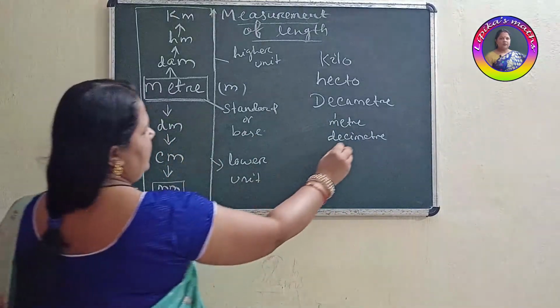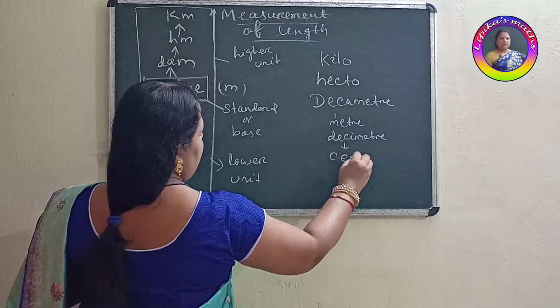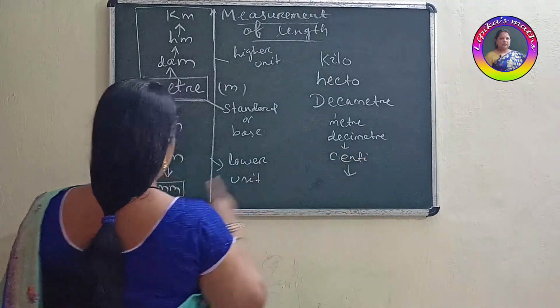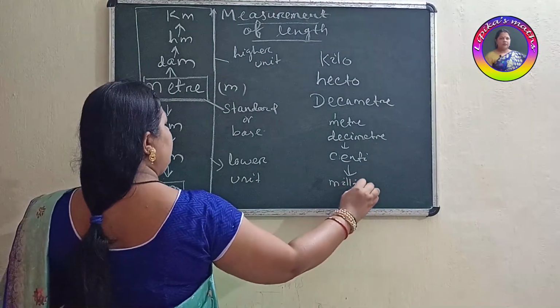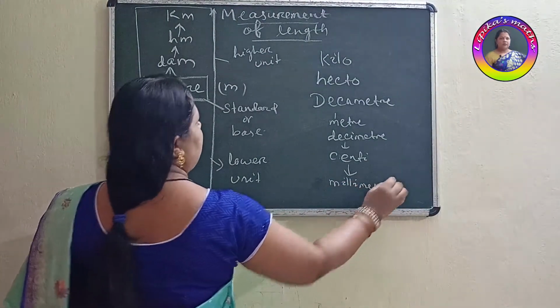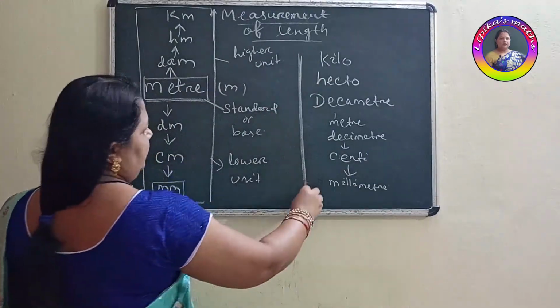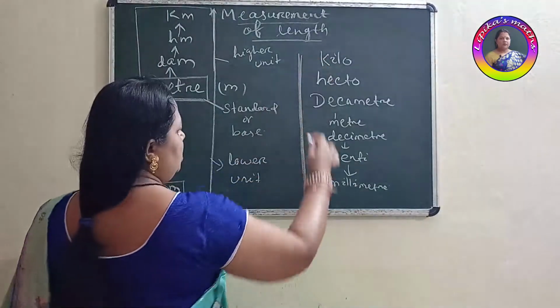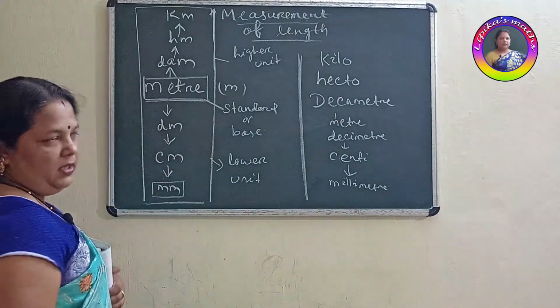Then cm, centimeter. Then the smallest unit, that is your millimeter. So this is one format from higher to lower unit, or we can convert lower unit to higher unit.